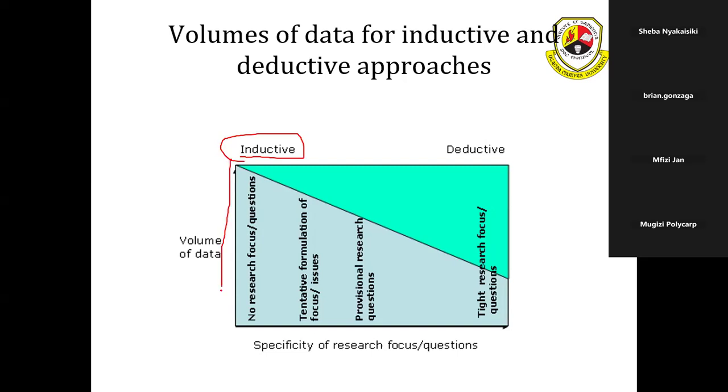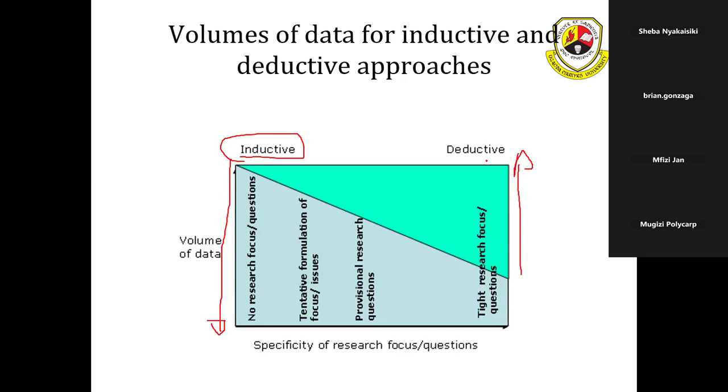So the volume of data, although you're picking from different areas, is rich in terms of the number of people, the number of things you use. A person can decide to use observation, look at diaries, documentation, then interviews, and all of those become sources of data. Deductive, the person is probably using just a questionnaire, but it depends on the number of people.